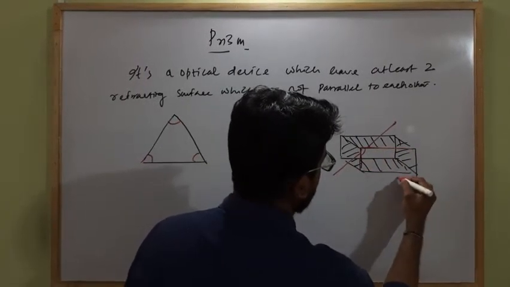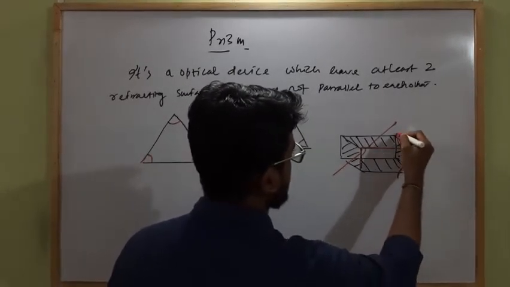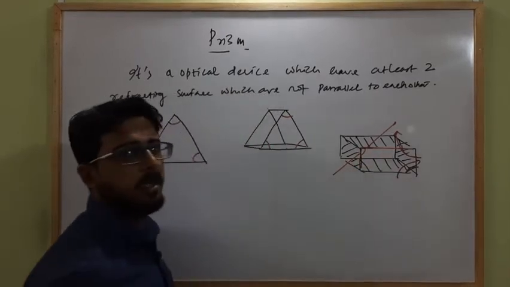Similarly, if light travels from this face to this face, this is also an inclined surface. So a glass slab can also behave as a prism.